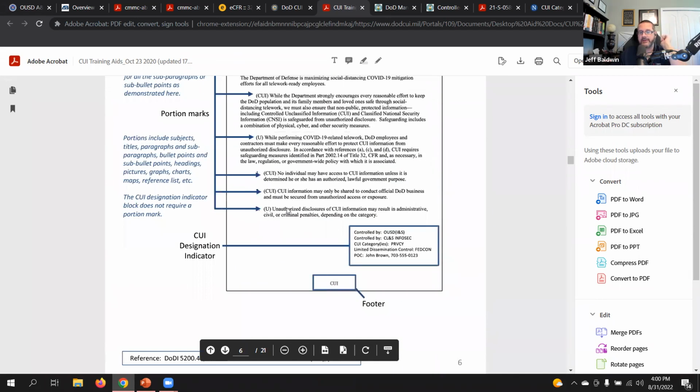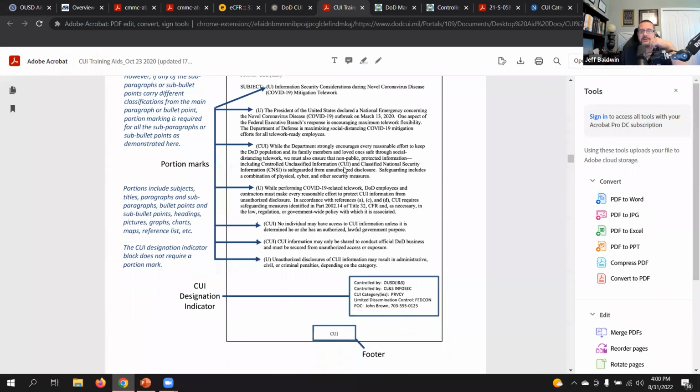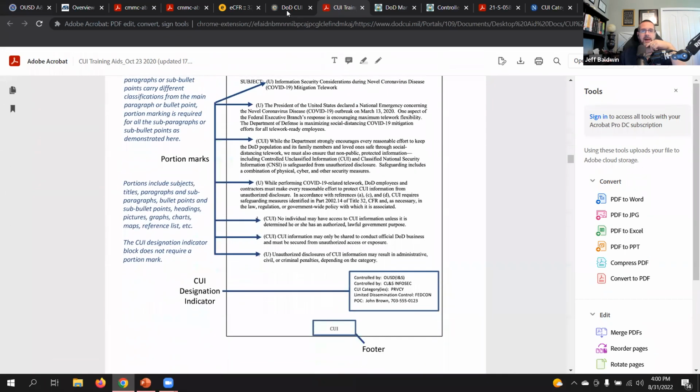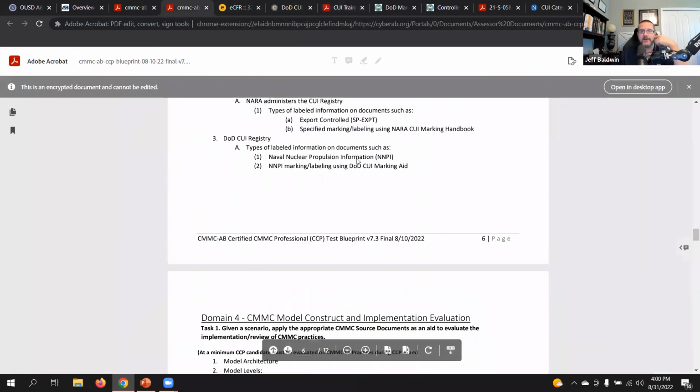One thing to note is no information is publicly releasable without a review. I want to always stress that. So even if you got something unmarked and you don't know if it's FCI, you don't know if it's CUI, and it's unmarked, it doesn't matter. You're not supposed to release it to anybody. Anything you want to release has to go through dissemination, release, and review. So let me get off my soapbox and get back to here.